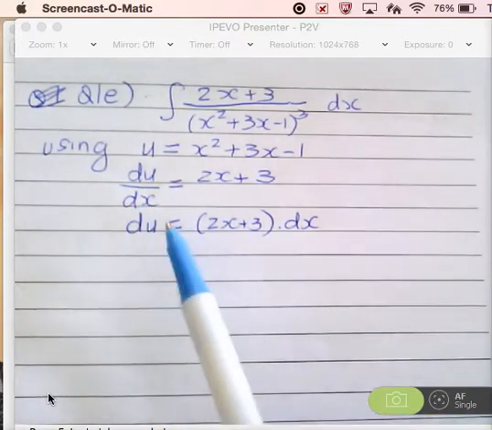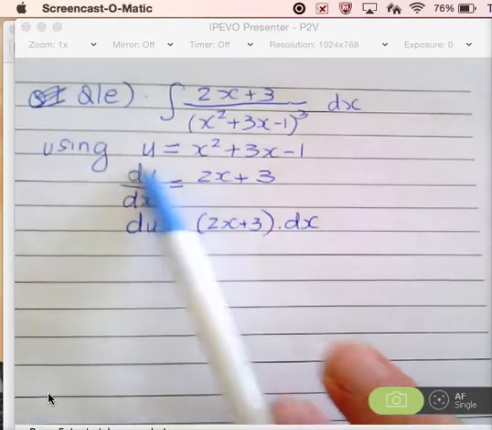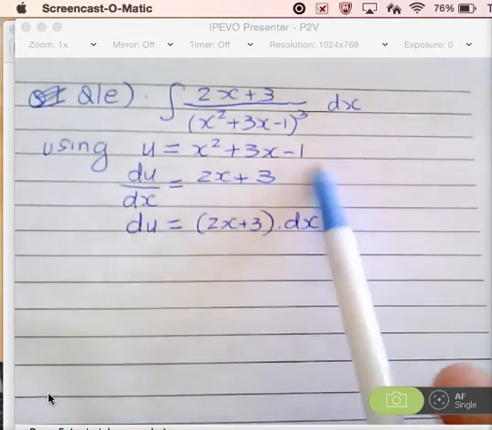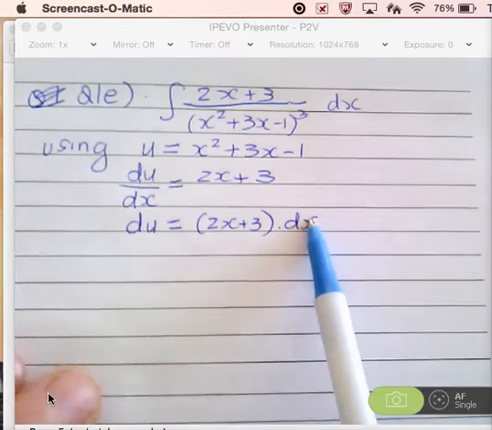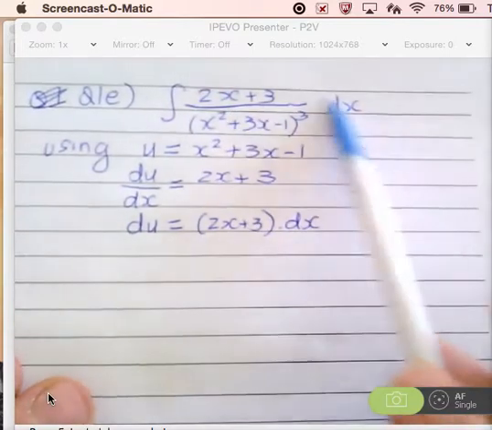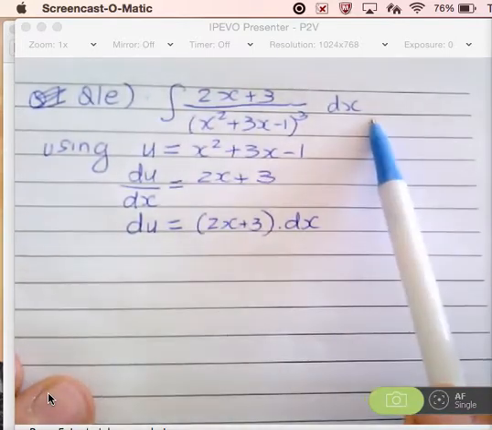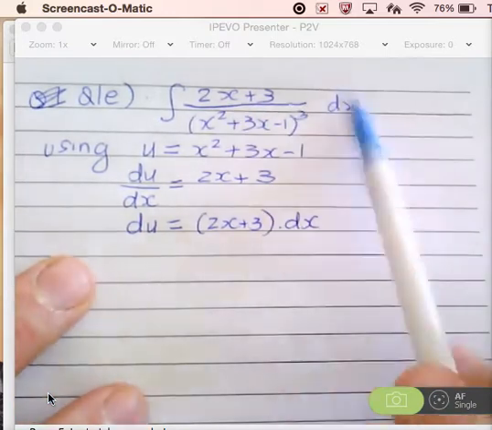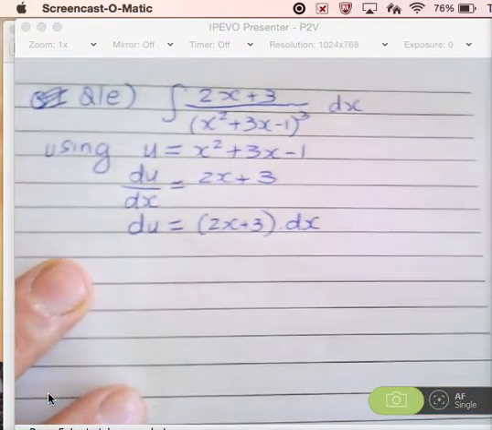What's good about that? The whole of that numerator can now be replaced with du. It's much better.